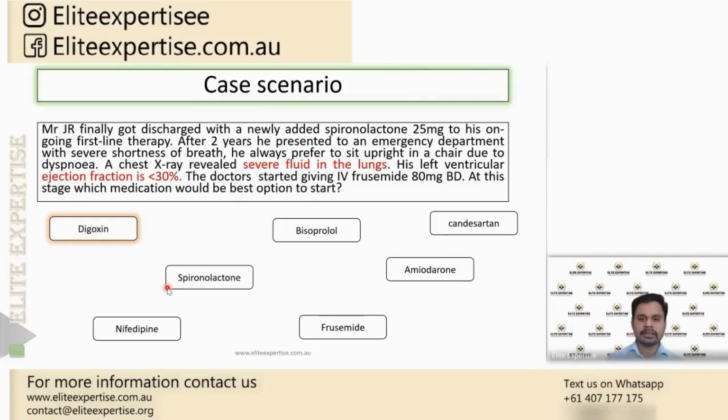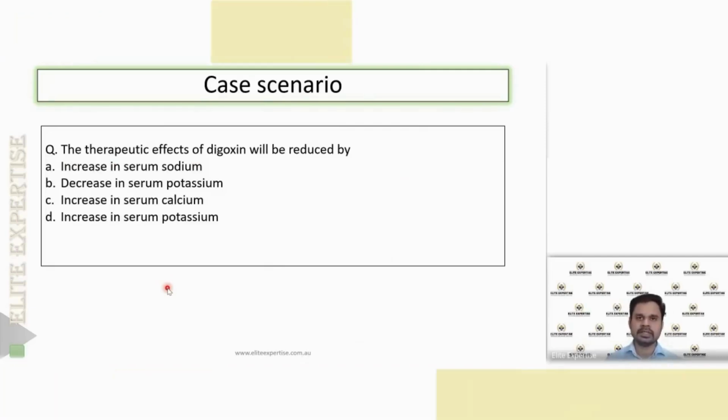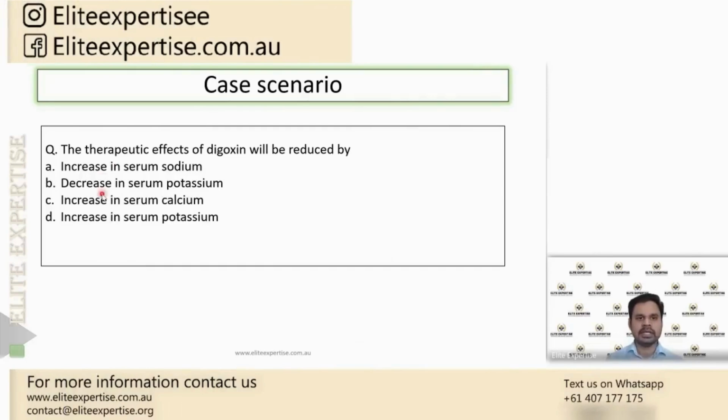And we have seen that whenever the serum potassium level gets increased, the therapeutic effect of digoxin will be reduced. So that's what happened here.